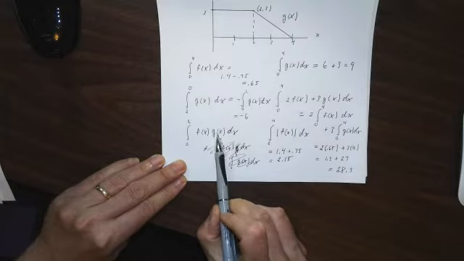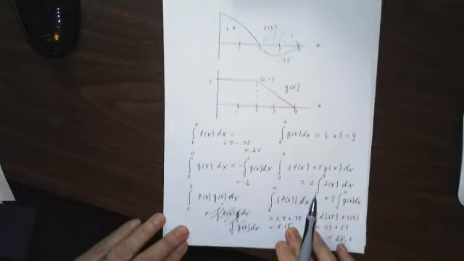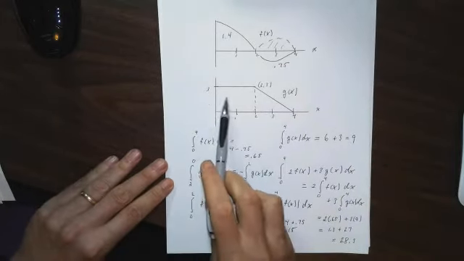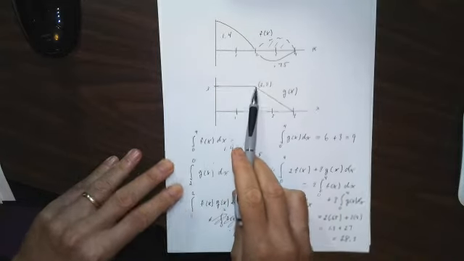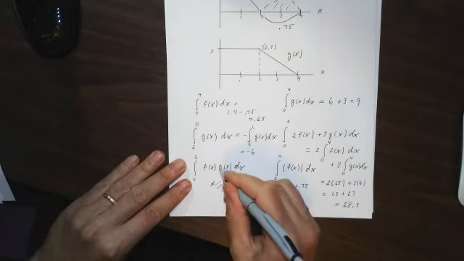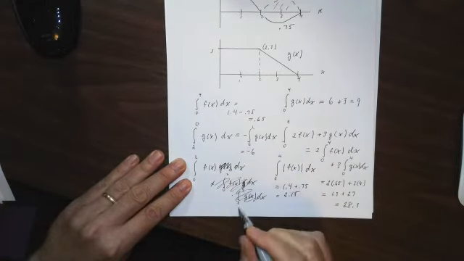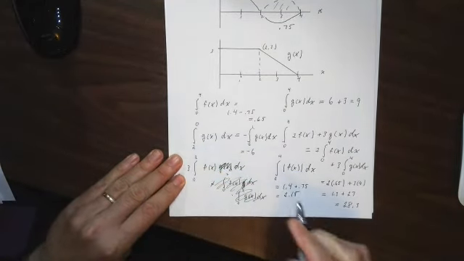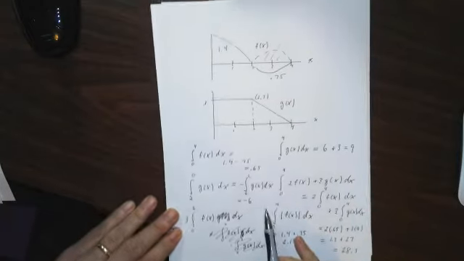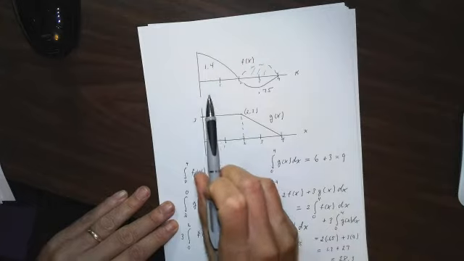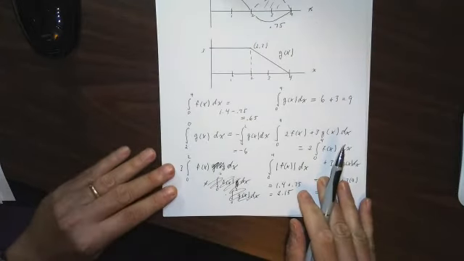But in this case, we kind of luck out, because if you look at what's happening between 0 and 2, the graph of g of x is constant. It's equal to 3. So we can replace this g of x by a 3, and factor that 3 out. And we know that the integral from 0 to 2 of f of x is 1.4, I'm sorry.